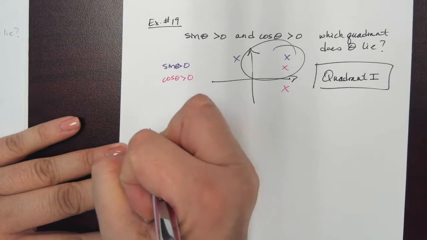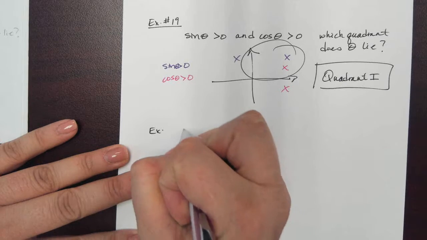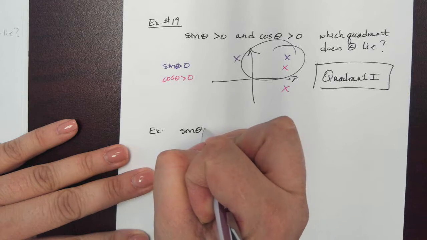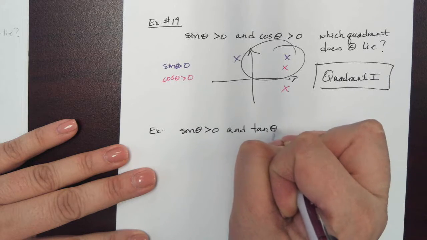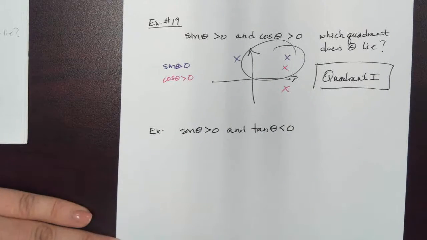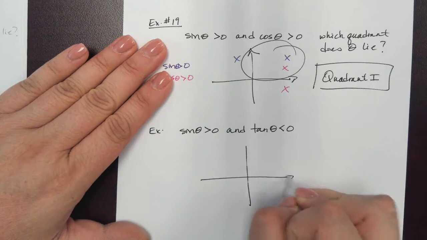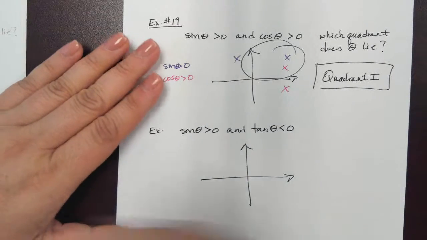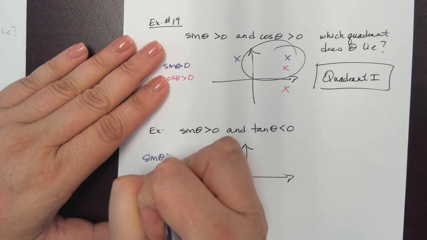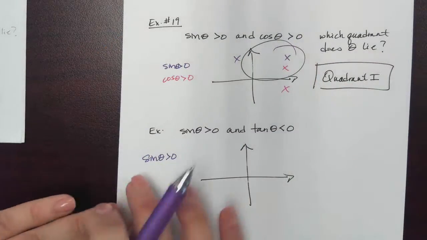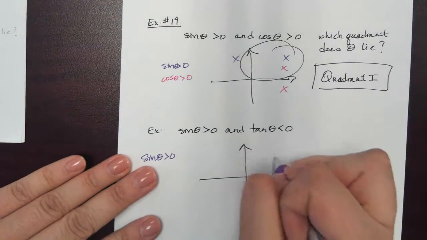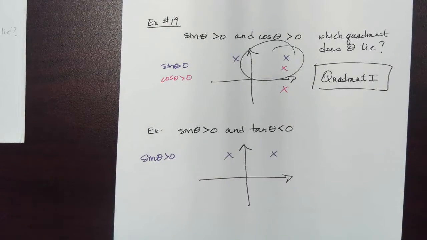Okay, another example, this one's not in the book. Sine theta greater than 0 and tangent theta is less than 0. So let's do sine theta greater than 0. We already said from the last problem, sine is positive in quadrant 1 and quadrant 2.